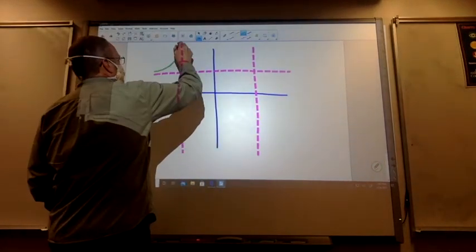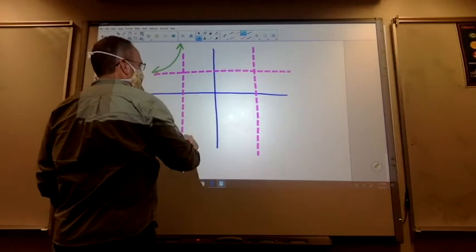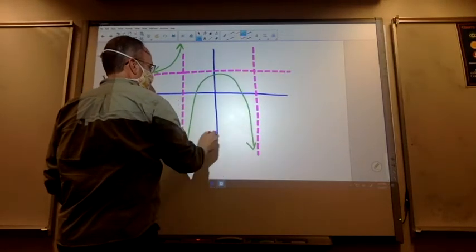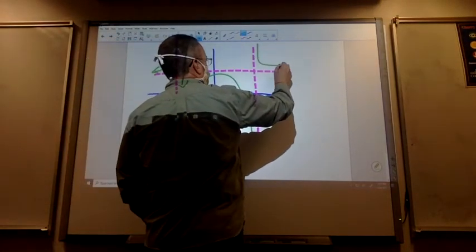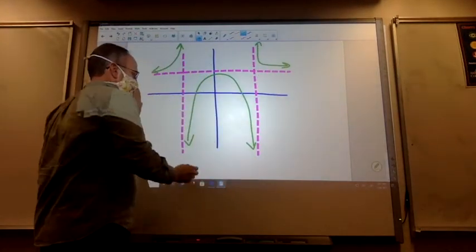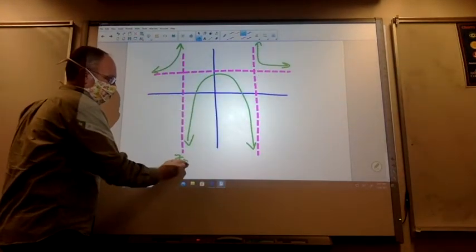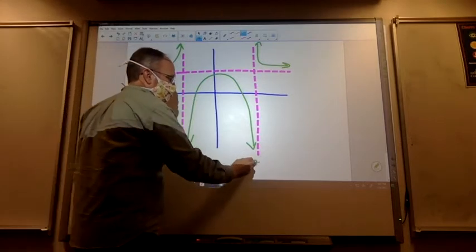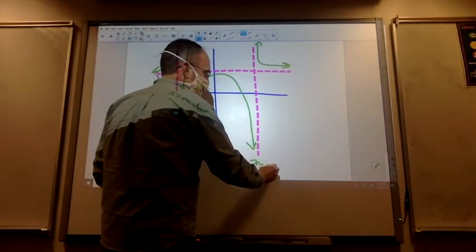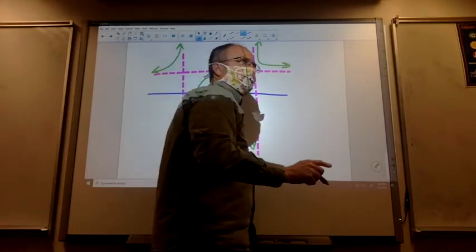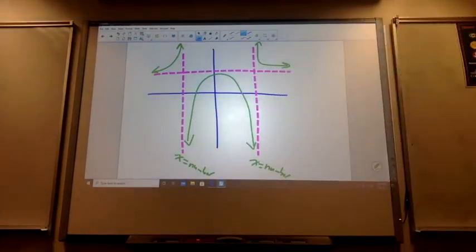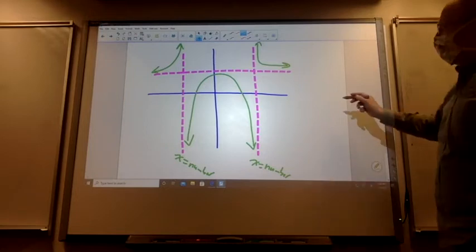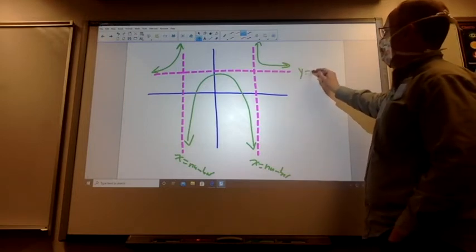So this is x equals a number as an asymptote, and this is x equals a number as an asymptote. Those are the numbers where the denominator would be equal to 0. And this would be y equals a number.